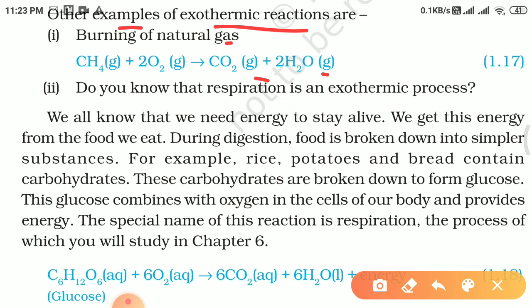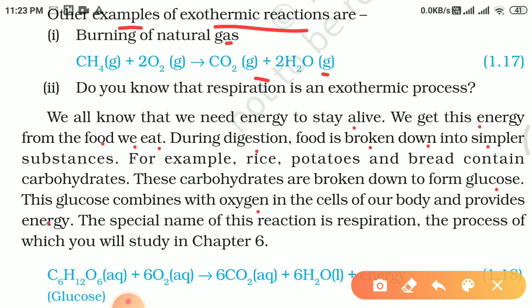We need energy to stay alive. We get this energy from the food we eat. During digestion, food is broken down into simpler substances. For example, rice, potatoes and bread contain carbohydrates. These carbohydrates are broken down to form glucose. This glucose combines with oxygen in the cells of our body and provides energy. The special name of this reaction is respiration.